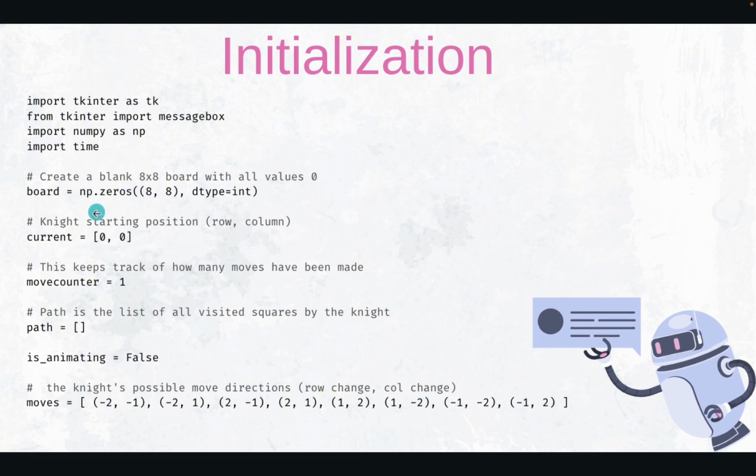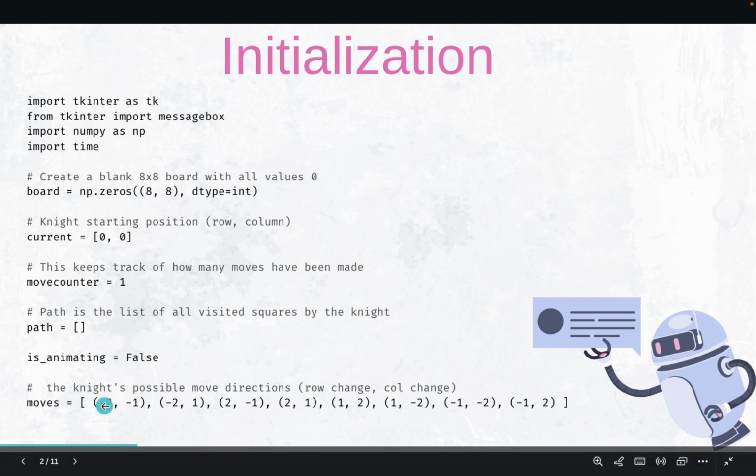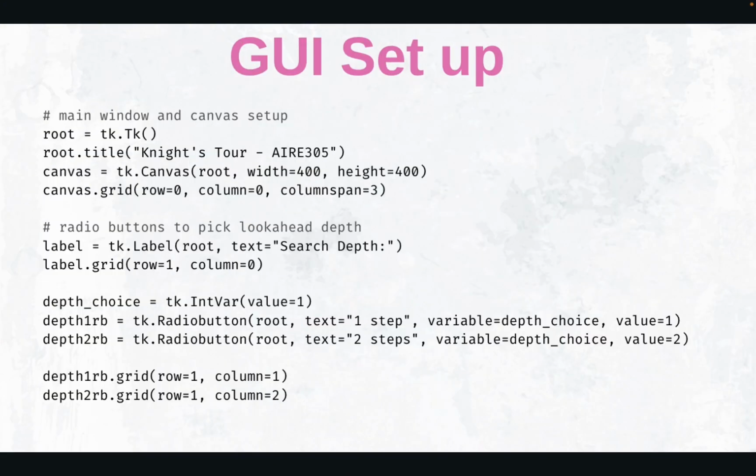And we also created an 8x8 chessboard with all zeros, which refer to the unvisited squares. And we also placed the knight at the top left corner. We also defined the move counter to be 1 for the first step and defined a list to store the knight's path in it, and moves for all the possible knight moves in the game.